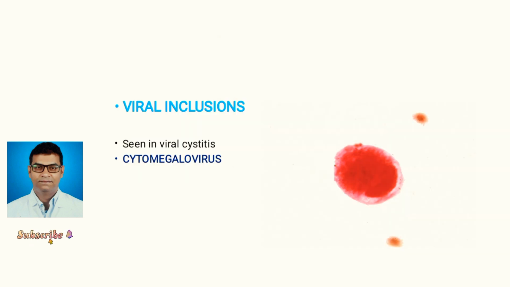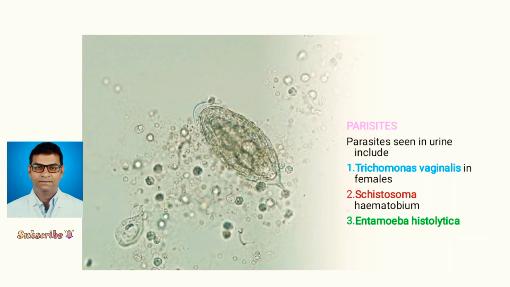Viral inclusions. These are seen in viral cystitis, cytomegalovirus infection. Parasites. Sometimes parasites can also be seen in the urine. Parasites that are seen in the urine are Trichomonas vaginalis in females, Schistosoma haematobium, Entamoeba histolytica.